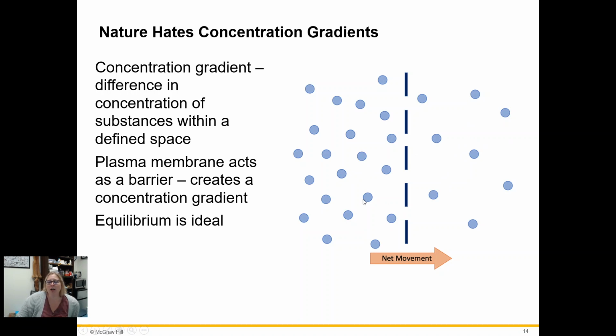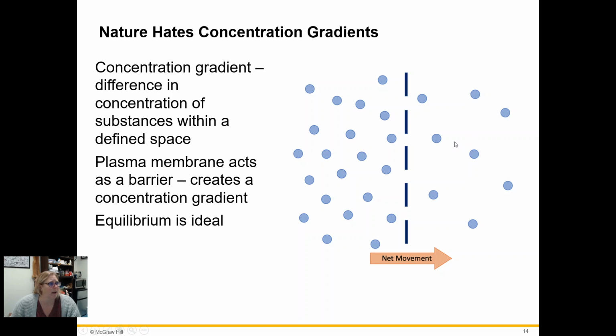As such, if the membrane is permeable to that substrate, we see a net movement towards equilibrium, where those molecules will eventually be the same on either side of the barrier. This is going to play a huge role in our understanding of passive and active transport, as well as our understanding of building ATP through photosynthesis and cellular respiration.